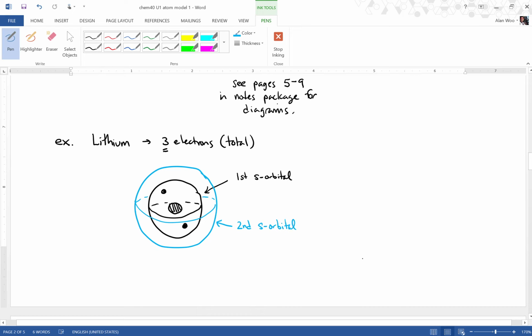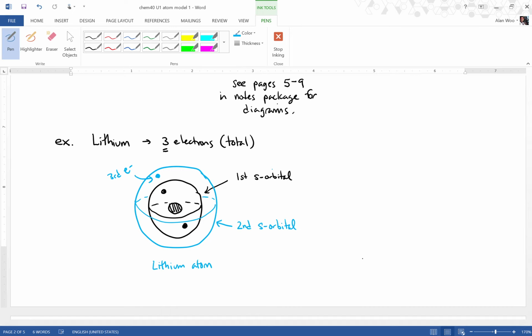It can hold a maximum of 2, but all I need to do is put 1 in. And I can put that 1 electron anywhere inside the s orbital. So this is my third and final electron. And once I have that in here, this is my lithium atom, according to the quantum mechanical model, or quantum chem model.